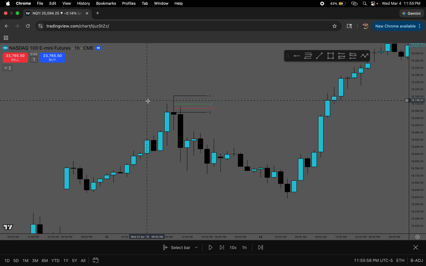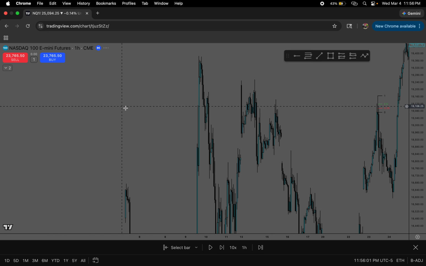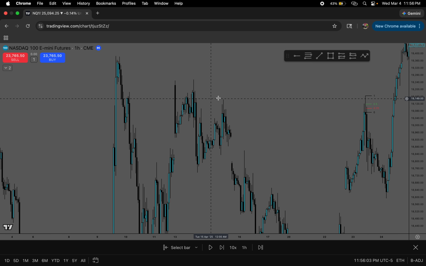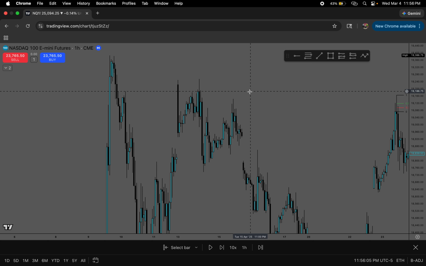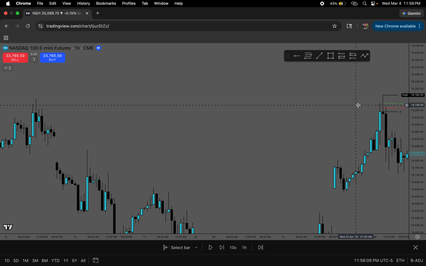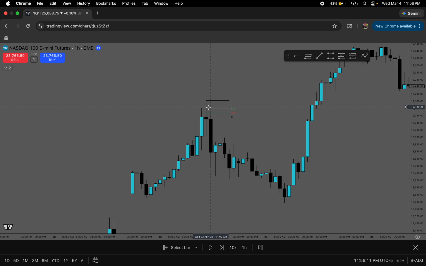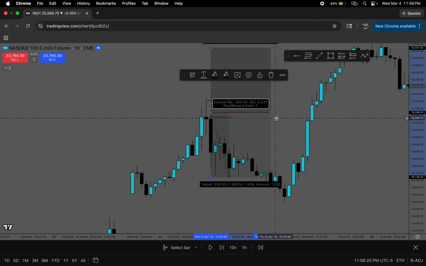Boom. We sweep liquidity. We sweep over here. We sweep this. What was this? The previous day high. Yeah, we sweep it. We close bearish. Boom. Get in right here.